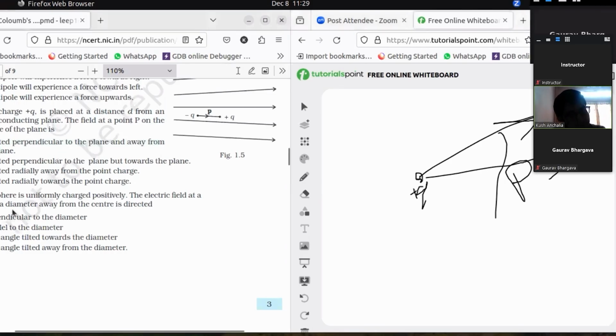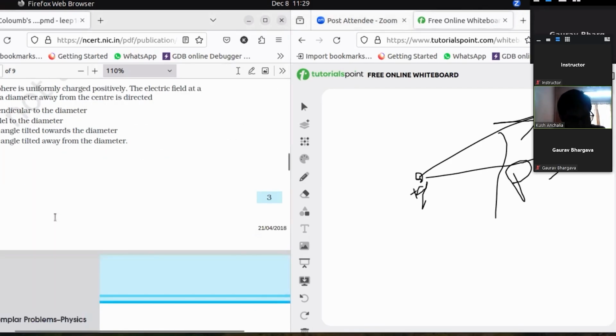A hemisphere is uniformly charged positively. The electric field at a point on the diameter away from the center is directed... Okay, there is a hemisphere. The electric field at a point on the diameter away from the center is directed towards... this can be replaced by this.